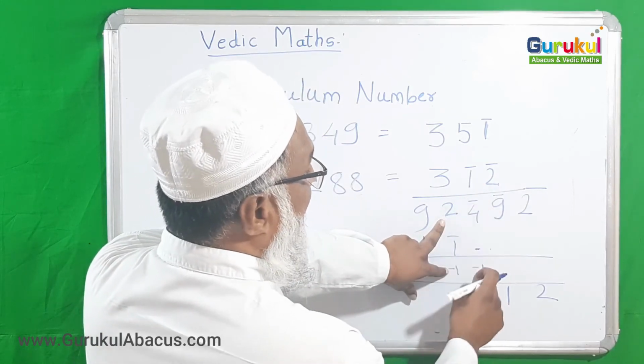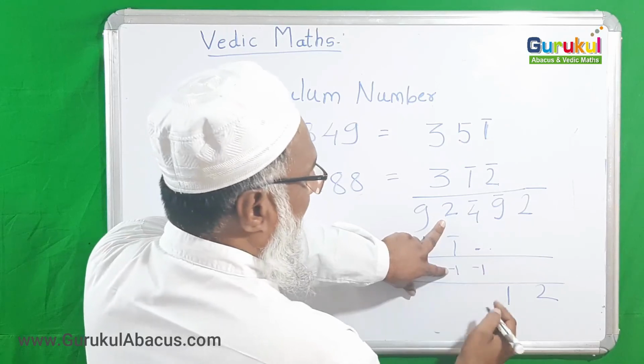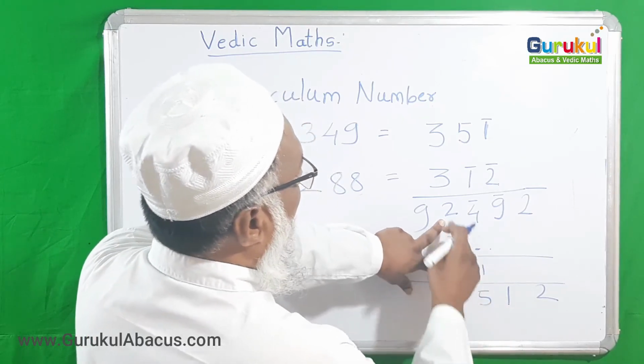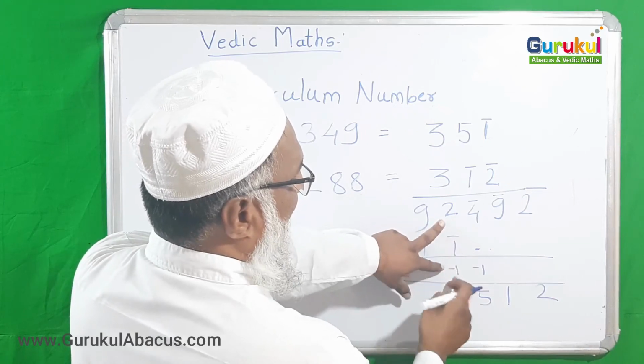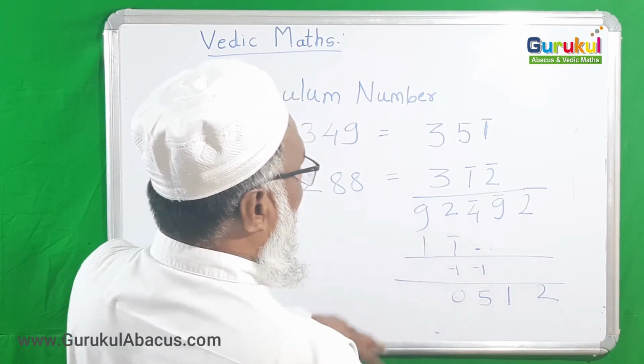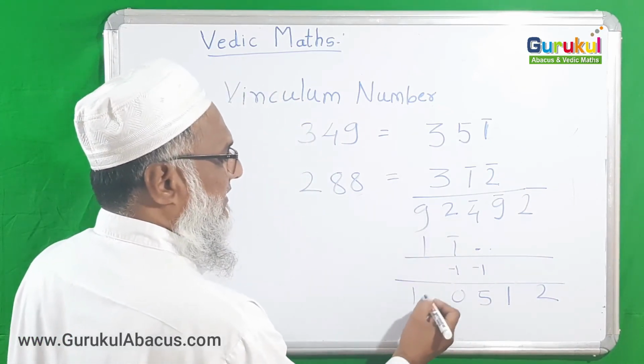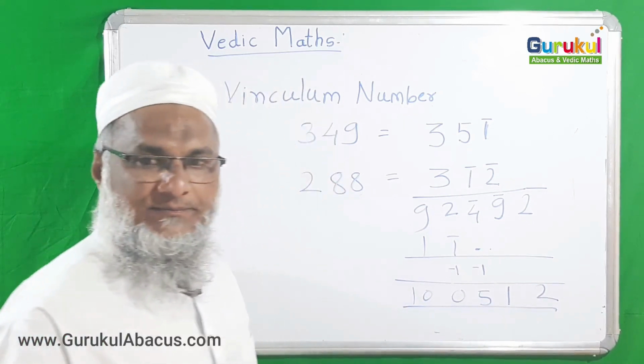Then 10 minus 5, remaining 5 here, and here 2 minus 1 means together 2, it is 0, and now it is 10. 9 plus 1, 10. This is our final answer.